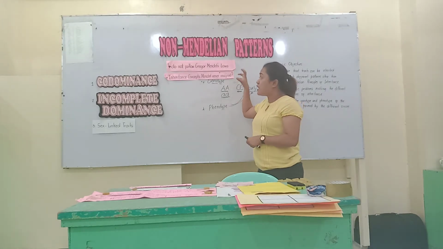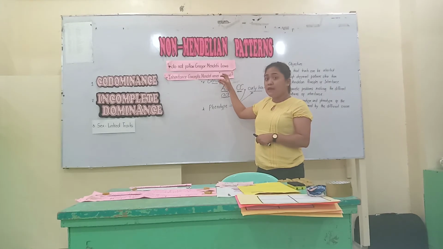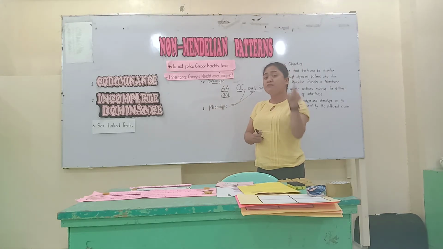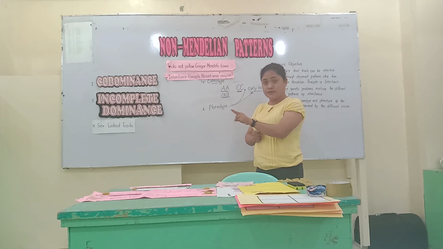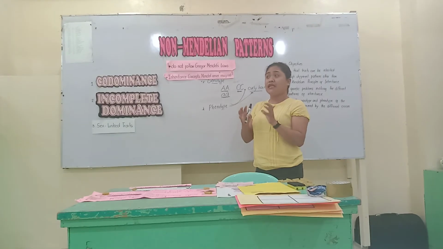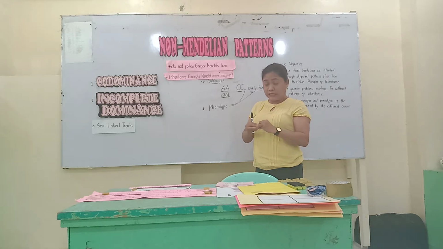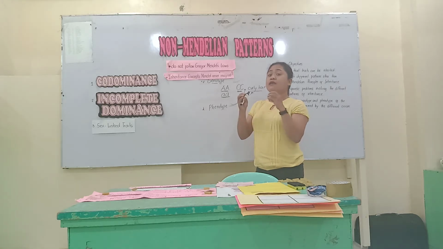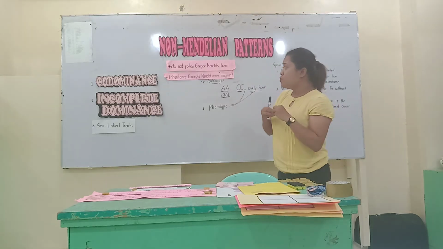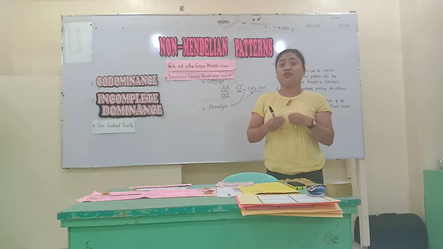Mendel did not see these concepts, so they are called non-Mendelian principles of inheritance. In his study of pea plants, Mendel did not see these probabilities or possibilities. So they are called non-Mendelian principles of inheritance.